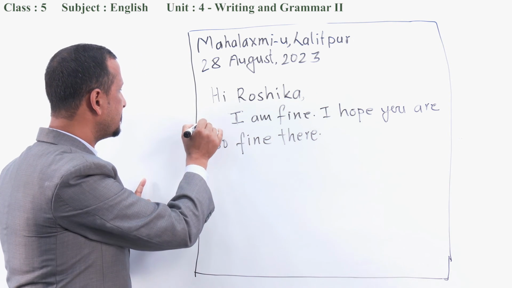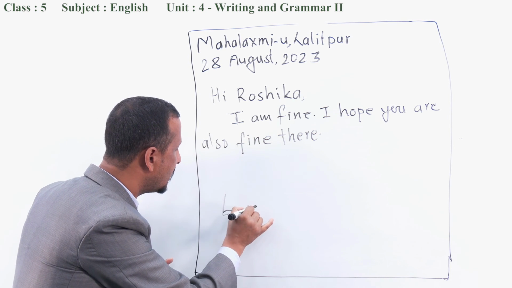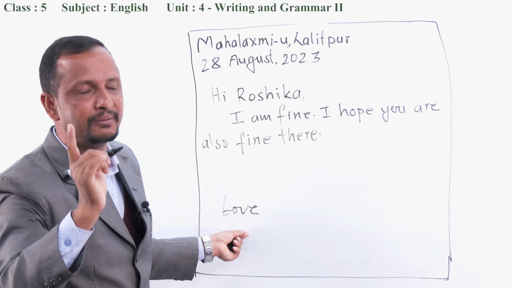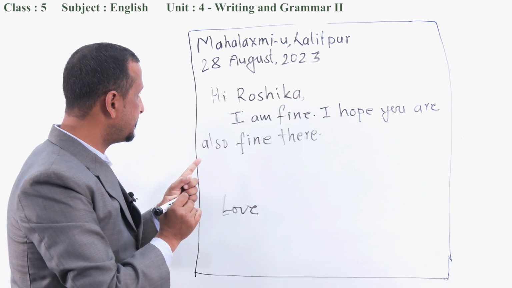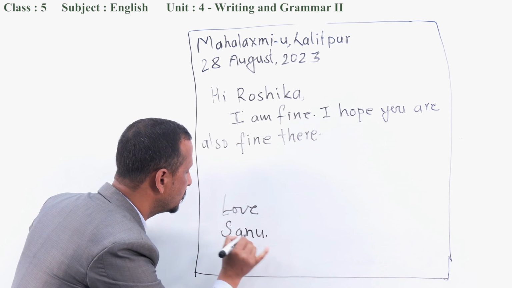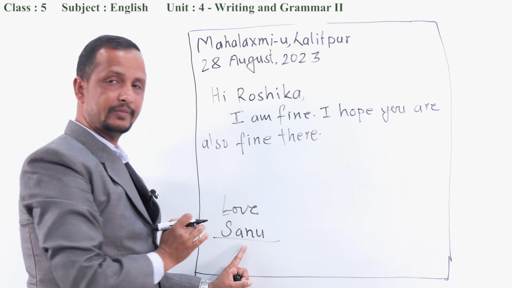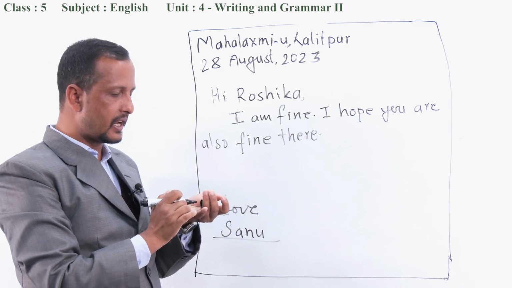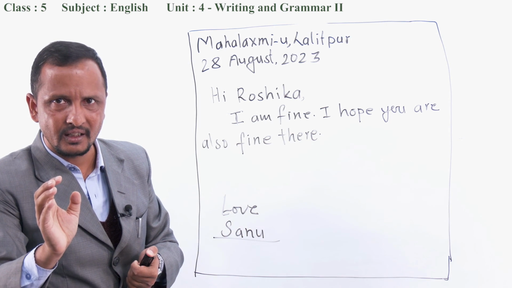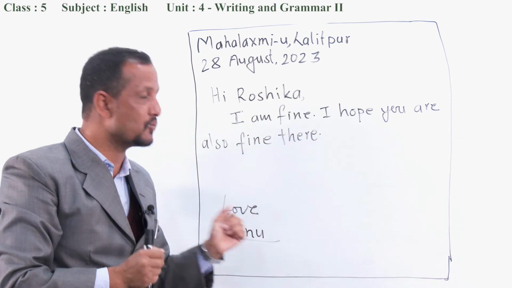And finally, you can write Love, or you can write yours at the end of the letter. In place of here, what do you have to write? Sanu. This is what? Signature. All right. And the body, I already told you, I think you have written. Yes. If not, let's do it in the same way.